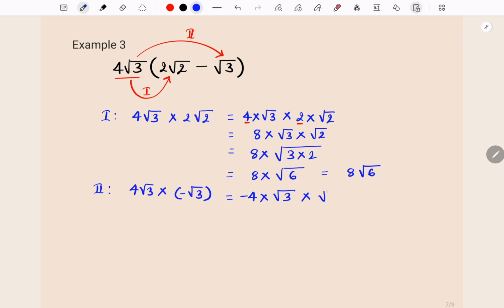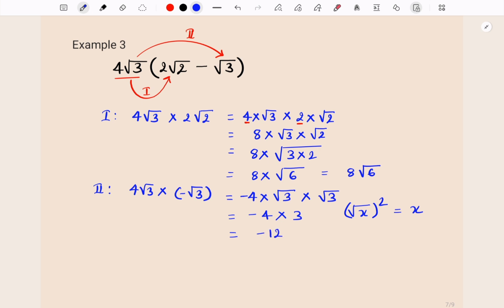And then let me just write root 3 here. Minus 4 root 3 times root 3. That is square of root 3. And it would be just 3, because in the very first few minutes of the video, I told you some rules, and one of the rules was root x whole squared is x. So minus 4 times 3 is negative 12.